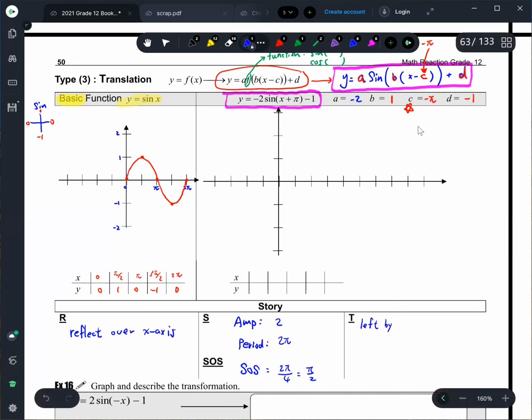We're moving left by pi because C is negative pi, but instead we'll say it has a phase shift of negative pi. Okay, so do not write left by pi. When you answer the homework, use phase shift of negative pi.